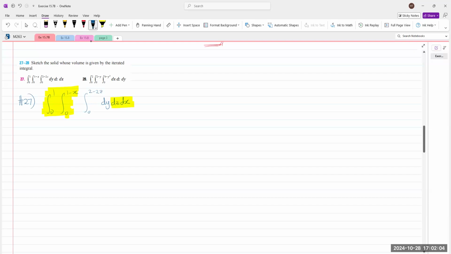On the xz plane, this is x, this is z. The x will be from 0 to 1. The z will be from 0 to 1 minus x. So that's what the outer integral looks like.